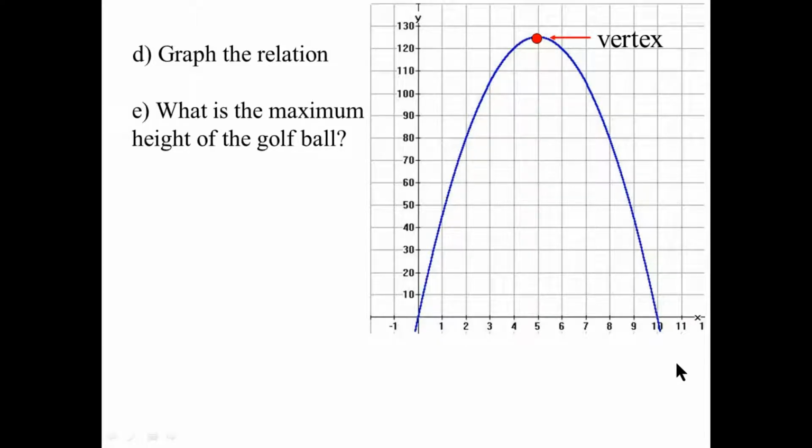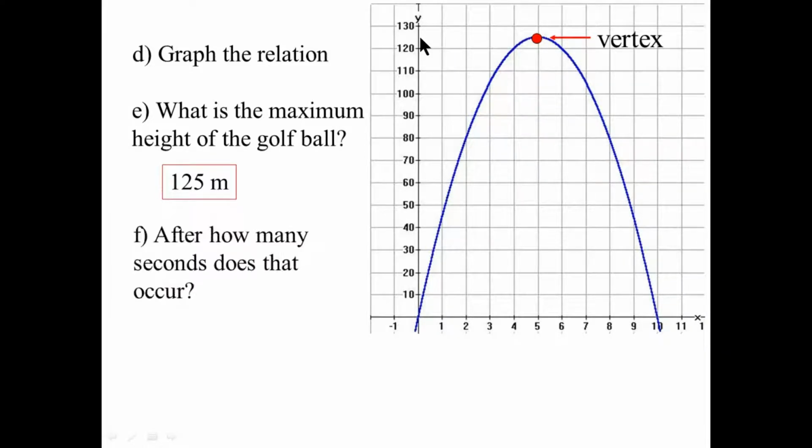What is the maximum height reached by the golf ball? You can see very clearly the maximum, the optimum value is 125 meters. After how many seconds does that occur? Well, this is time in seconds here, so it would occur at 5 seconds.